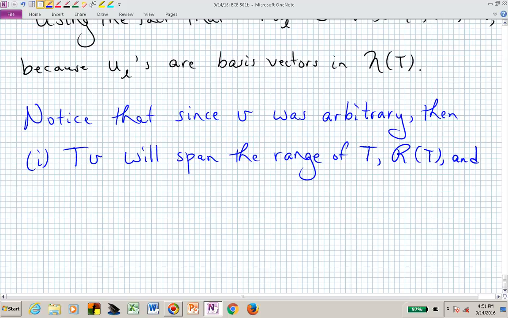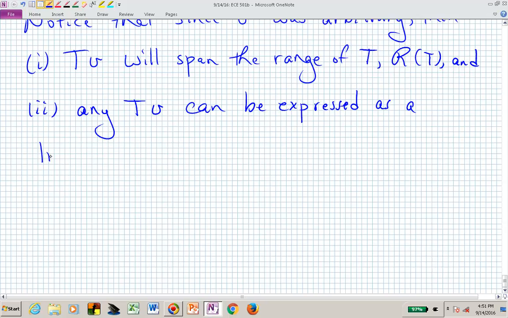And any output vector Tv that's created from that selection of v can be expressed as a linear combination of Tw's.